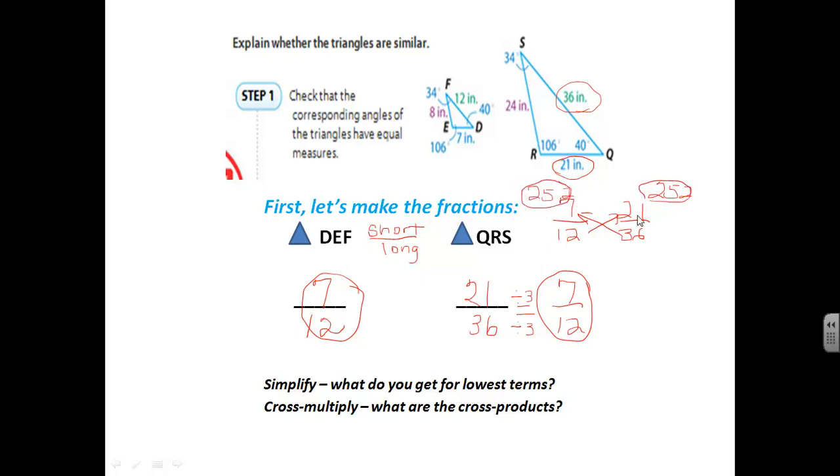Unless these numbers are smaller, it's easier to do the simplifying way, I think. But you can do it either way. If neither fraction will simplify, and they're not the same thing, then your triangles are not similar.